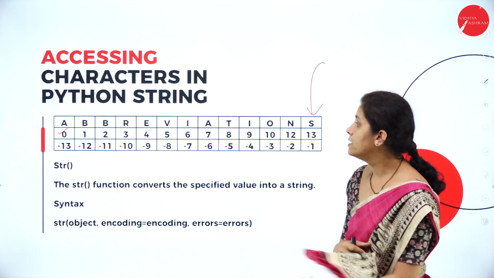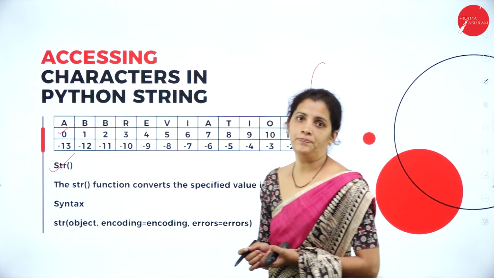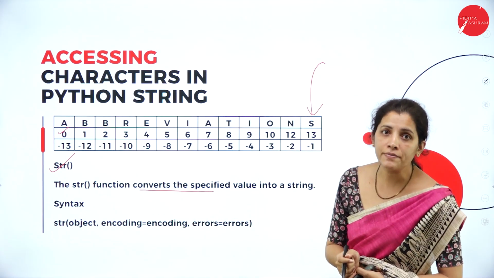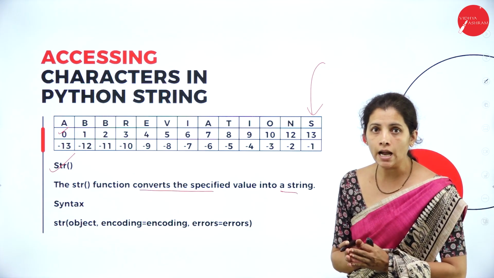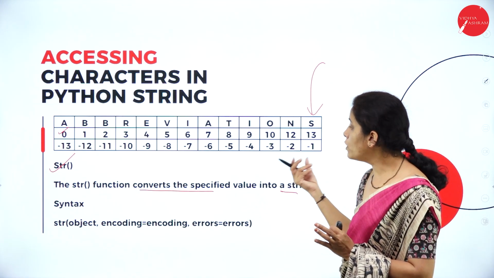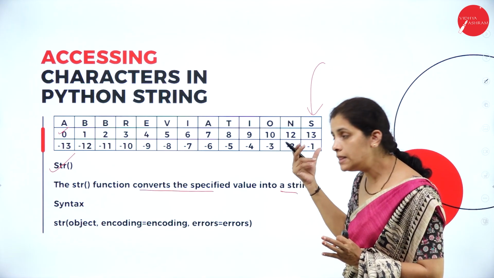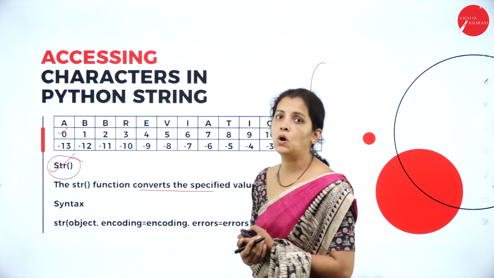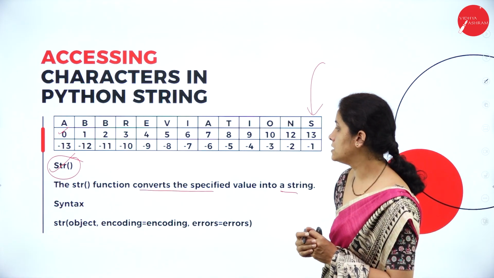Now, see here, Python supports the string function. The string function converts the specified value into a string. There are certain times I want to convert the given value to a string. At that time, I'm going to use the built-in function called str, with opening and closing parentheses.